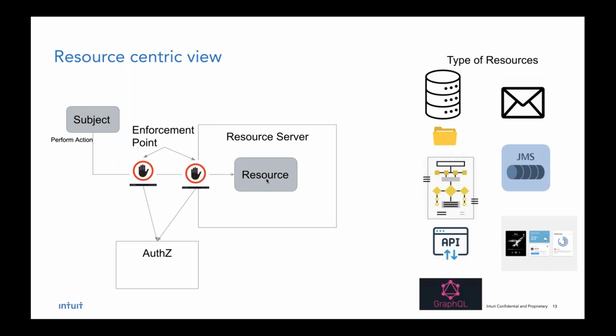Now that's a simple use case. Sometimes you may allow access with certain modification. Sometimes you might say that I may not let you look at the complete representation of the resource, but only a part of it. So all that can also be handled. But the whole idea is that we have an enforcement point which intercepts the request and then passes it to another decision-making body, which is the authorization component here.